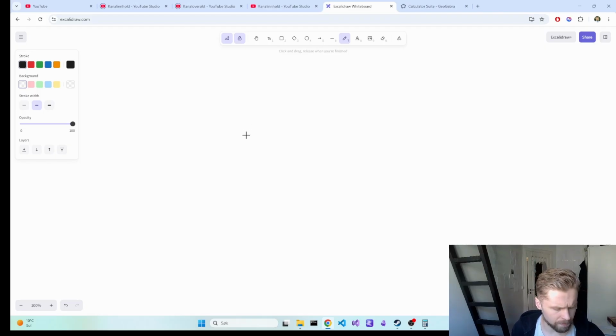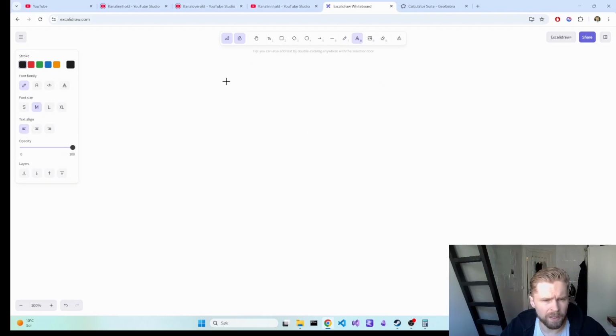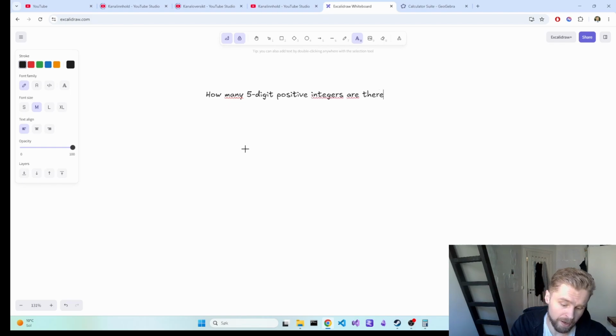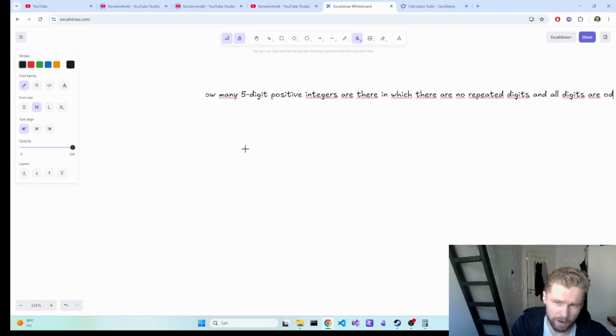So the next one. All right. So we have: how many 5-digit positive integers are there in which there are no repeated digits and all digits are odd?